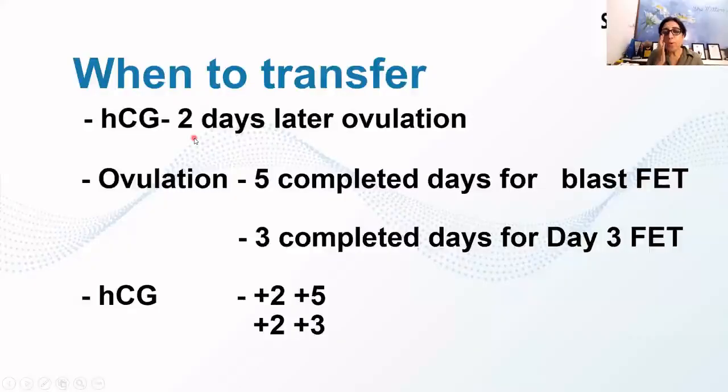So then you plan your frozen embryo transfer according to, like, if it's a blast, then from the trigger, 2 days to ovulation and 5 days more, that is 2 plus 5 on the 8th day. If it's a cleavage day 3 embryo, then it will be +2 +3, that is on the 6th day.